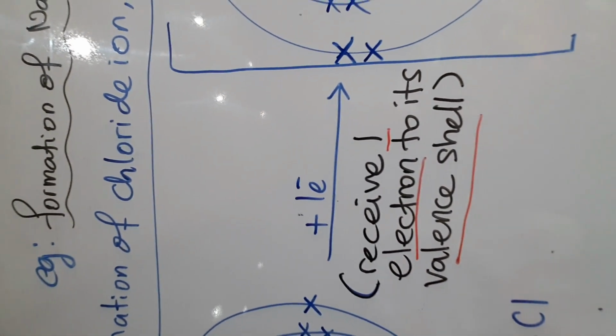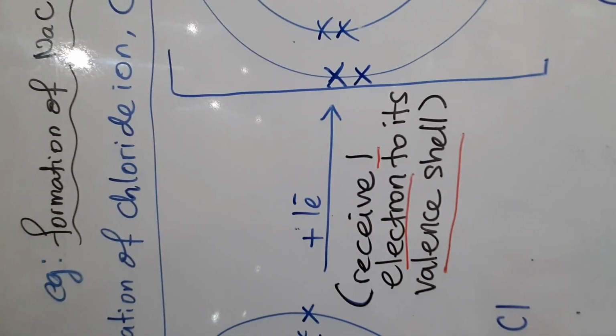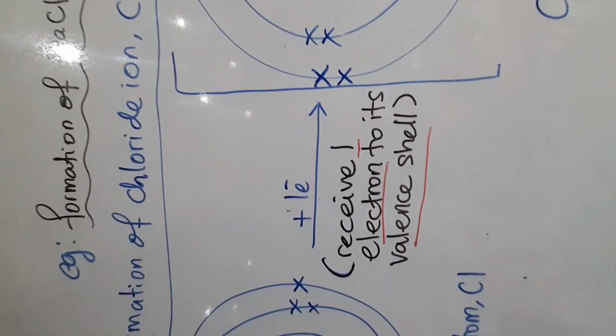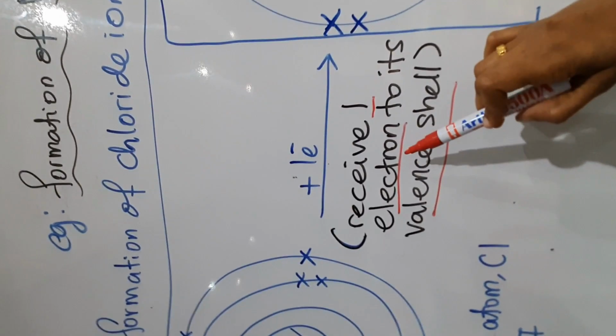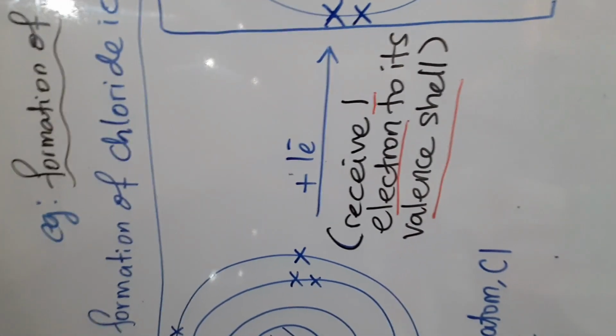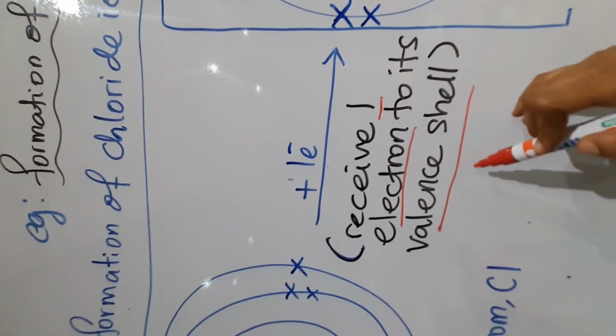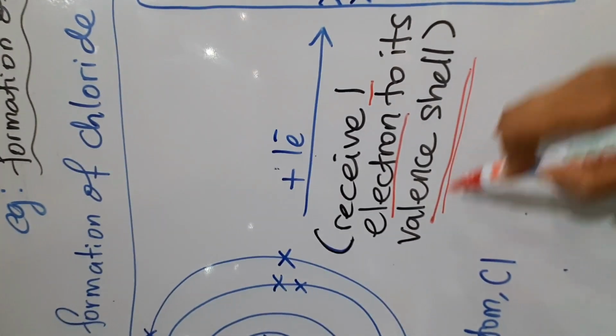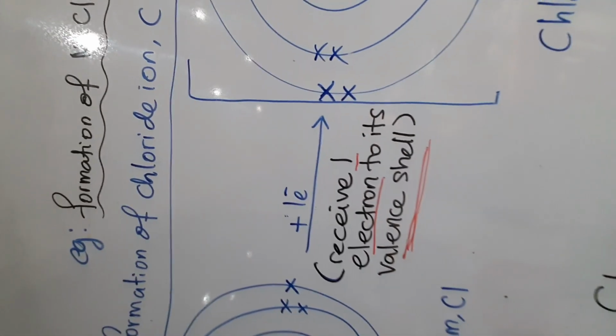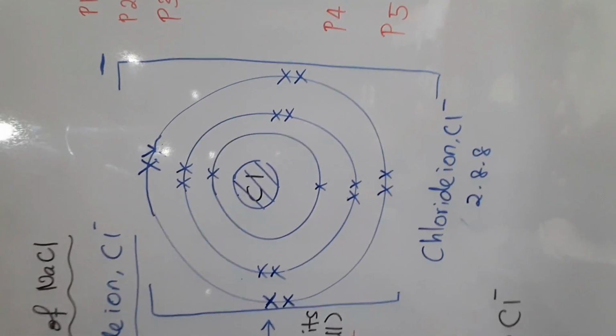So you have to be careful when you go for non-metals. Metal will donate valence electron, whereas non-metal will receive electron, and they receive electron to their valence shell. This is a compulsory phrase you must have in your essay writing later. Hence, it will form chloride ions.